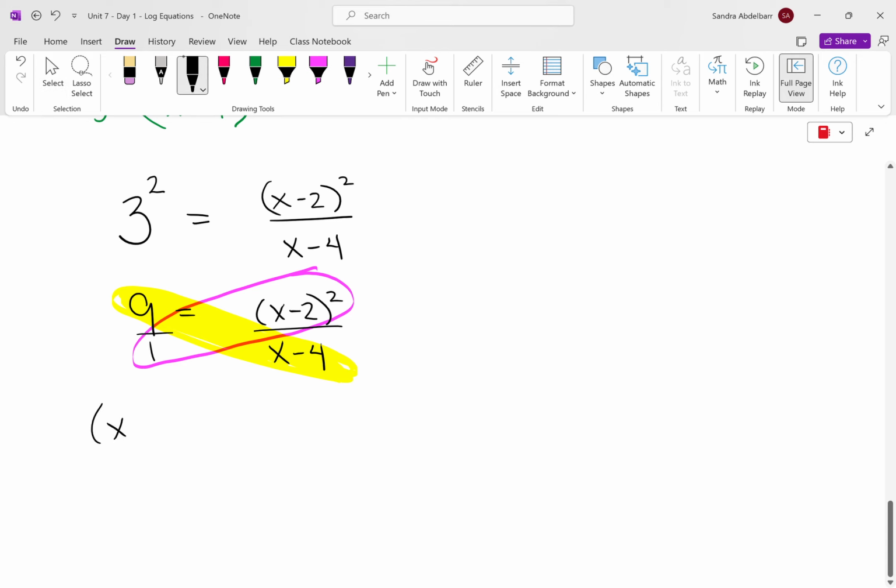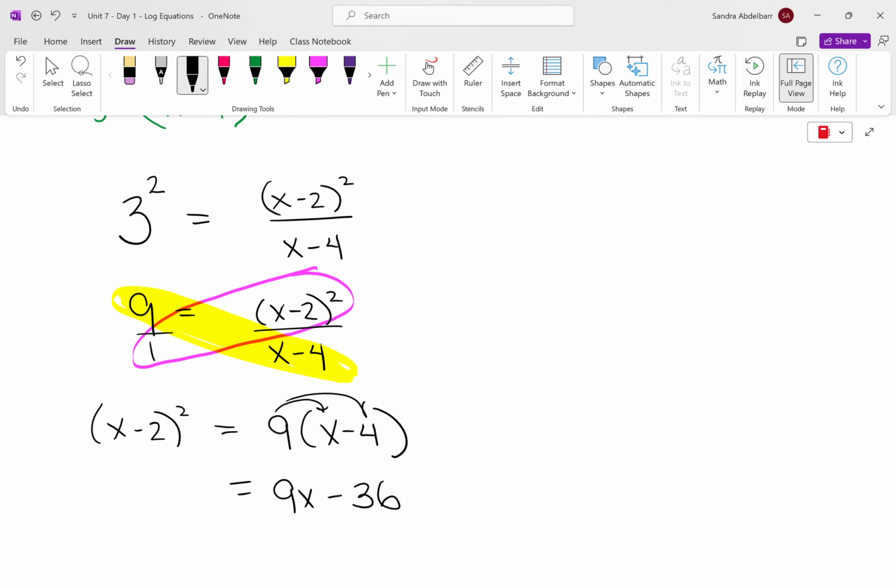When I cross multiply, I get x minus 2, that quantity squared, times 1. Do I really need that times 1? No, 1 doesn't change anything. Equals 9 times the quantity of x minus 4. Is it important that I put that x minus 4 in parentheses? Yeah, because I'm going to have to distribute that 9. So when I distribute that 9, I get 9x minus 36.